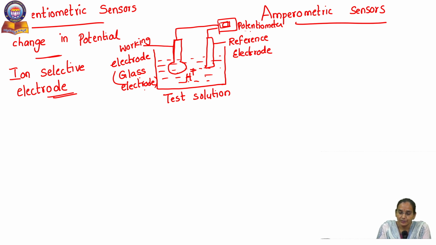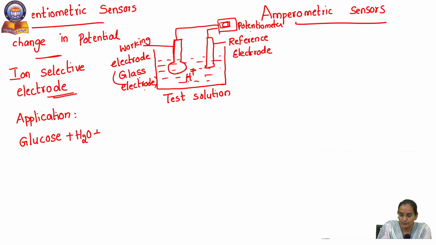Now, coming to the application of potentiometric sensors, we can detect glucose in blood. Glucose is a neutral molecule present in the blood.